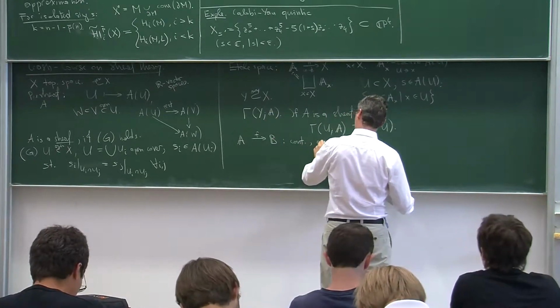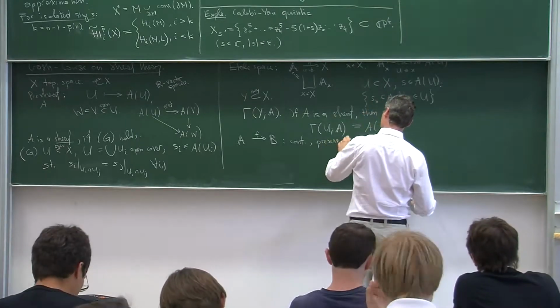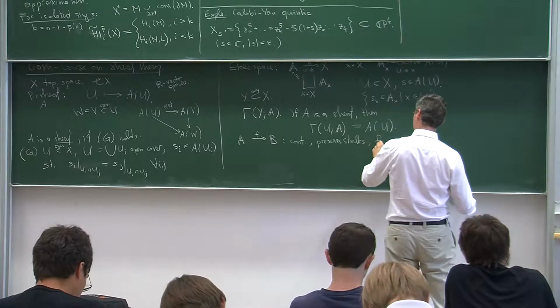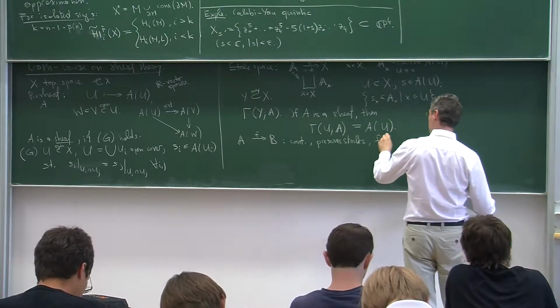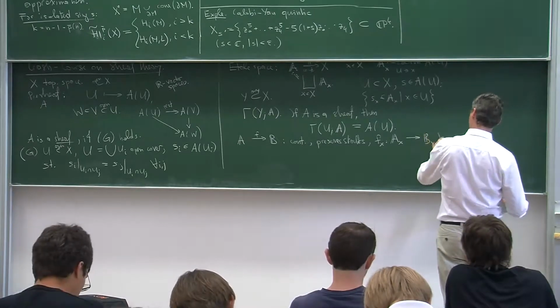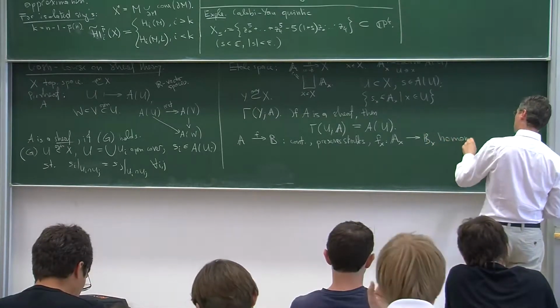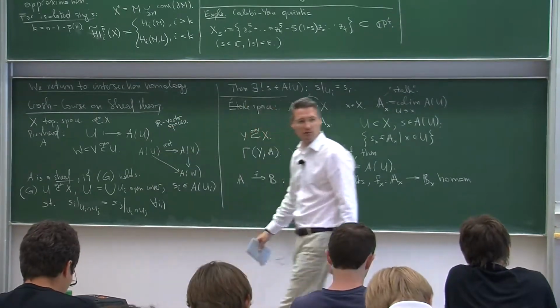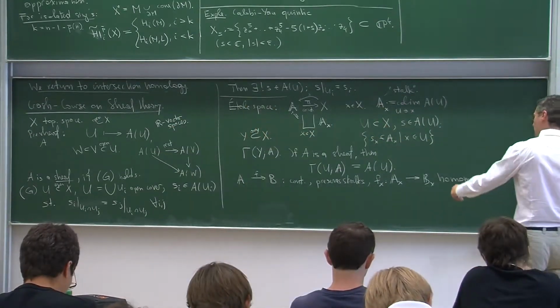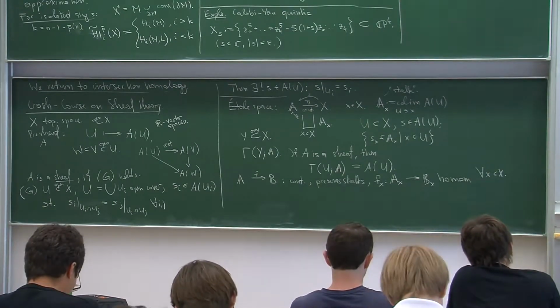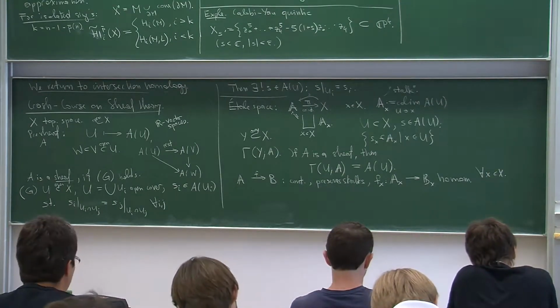It should also preserve stalks, so that you can speak about such restrictions to stalks. And all these restrictions should be homomorphisms, I mean linear maps of R vector spaces, for all x in X. So these are morphisms of sheaves, and this forms a nice category.